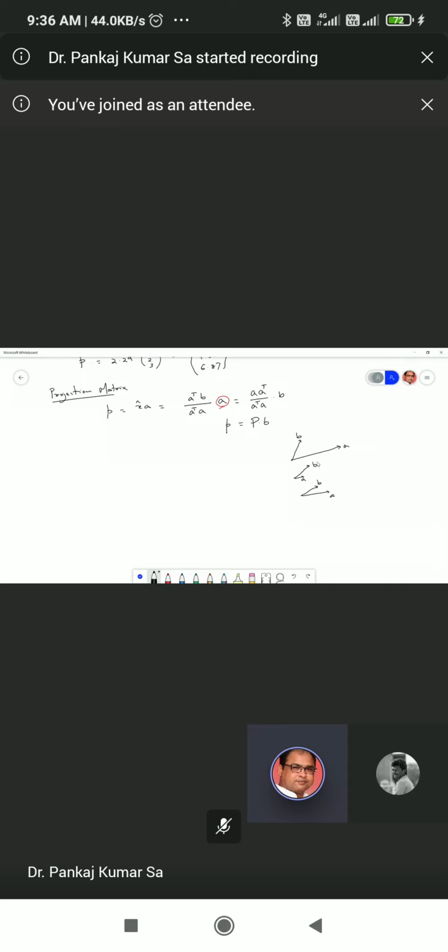So it is like the projection matrix is made up of the vector A, because you are projecting a vector B onto a vector A.